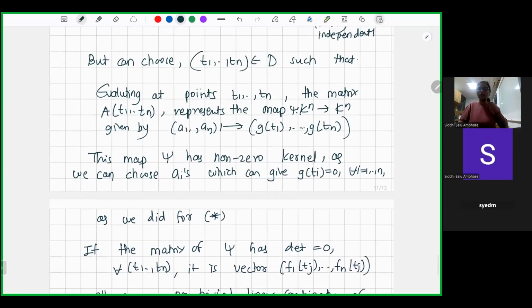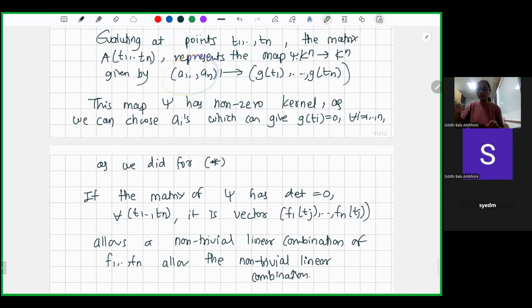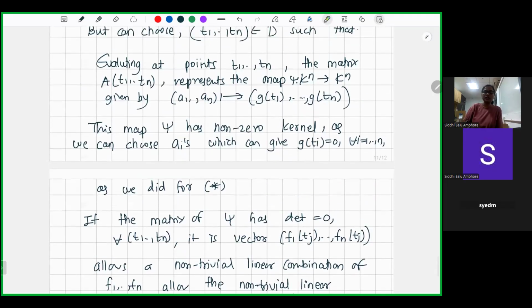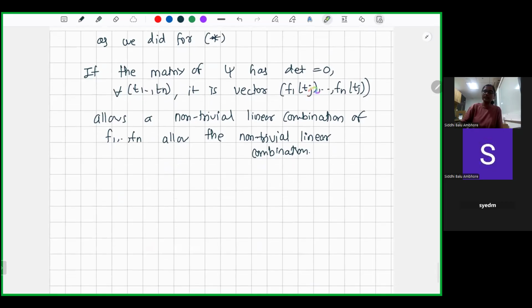So we got this new map psi, and this psi has a non-zero kernel, so we can choose this A1 to Ai to be non-zero, and this A1 to Ai being non-zero will give me a non-trivial linear combination. Since this has non-zero kernel, it means there will be some non-zero tuple of A1 to Ai's such that this becomes 0. So I can choose the exact A1 to Ai, with coefficients for F1 to Fn, which will map to 0.